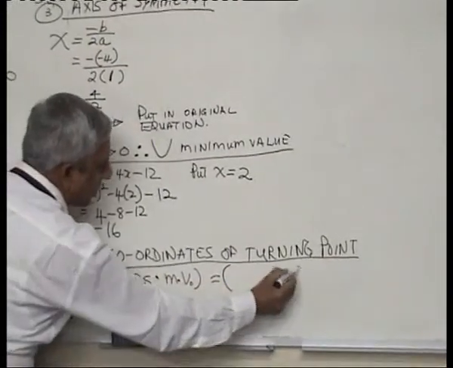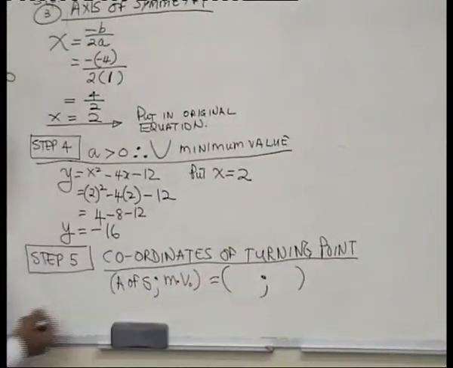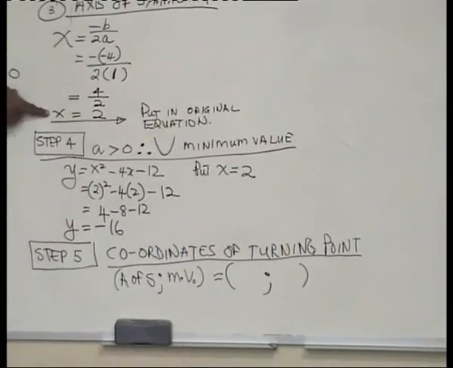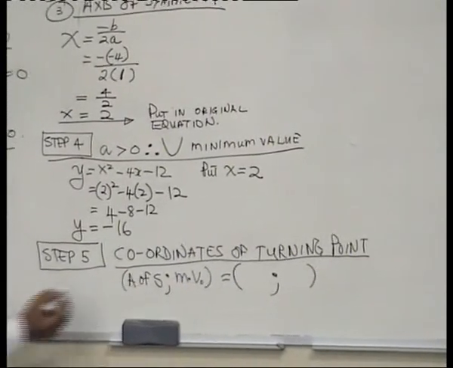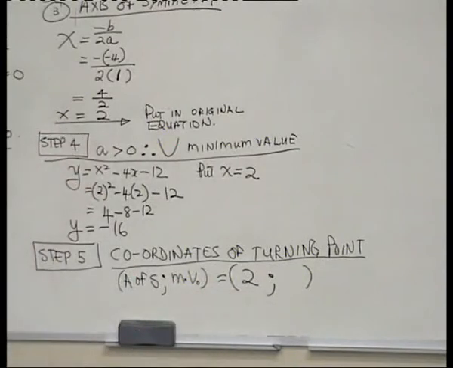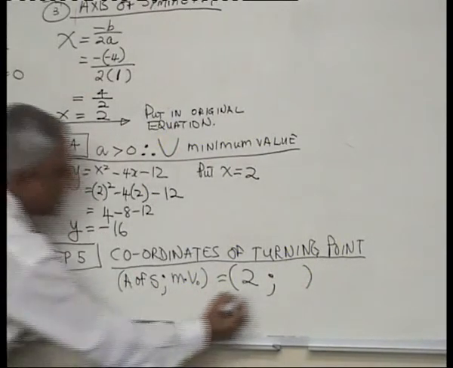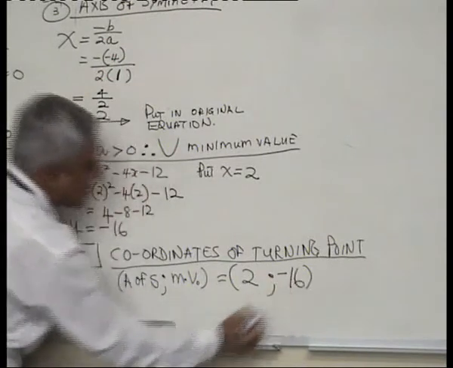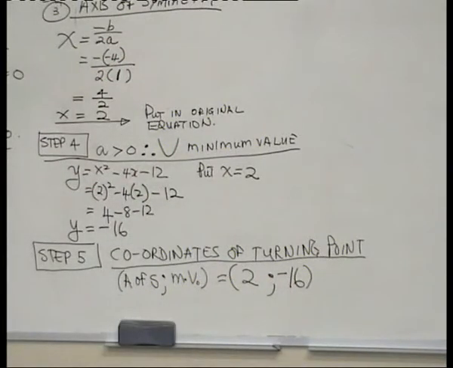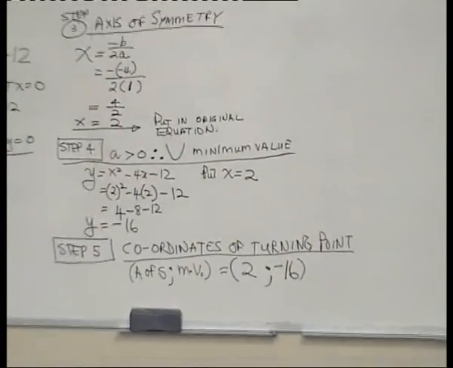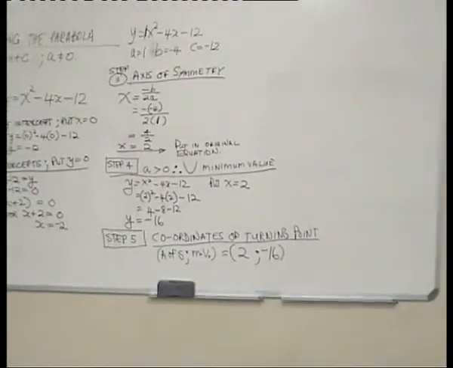So the axis of symmetry in this case is 2, and the minimum value is minus 16. So we have done the 5 steps, and we are now ready to do a rough sketch.